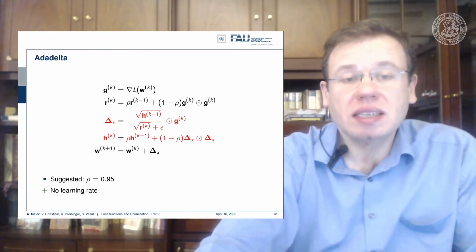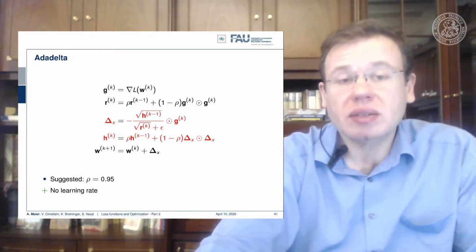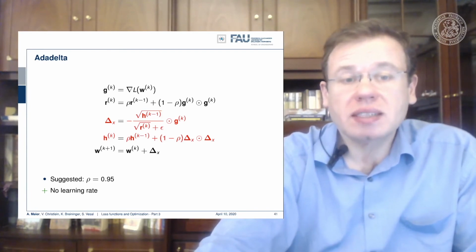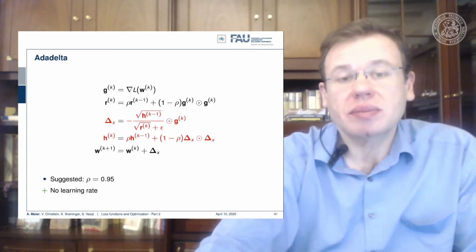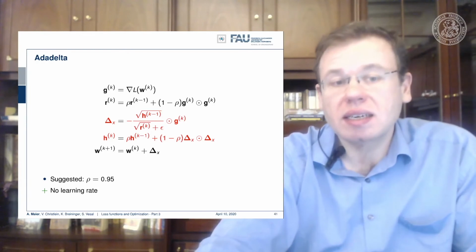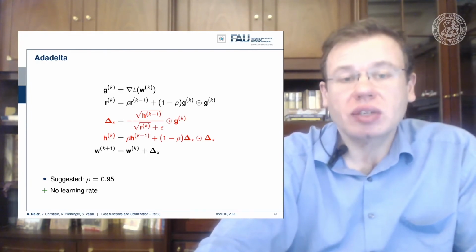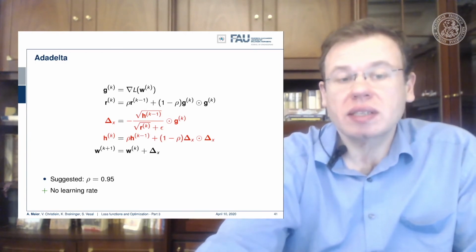So this is an additional dampening factor that replaces the eta in the original formulation, because delta x is then used to update the weights. Then this factor h is computed again as a dampened sliding average over the delta x inner products. So this is AdaDelta. Here you don't have to set individual learning rates anymore. Still you have to choose the parameter rho, and here for rho it's suggested to go to 0.95.